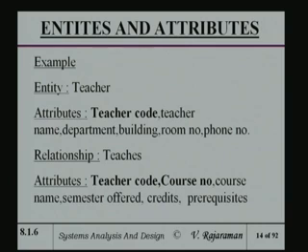So the relationship is: a teacher teaches. See, teacher is an entity, teaches is a relationship. So if you want to have the attributes of the relationship, there is a teacher code and course number. Course numbers are also unique in any university.